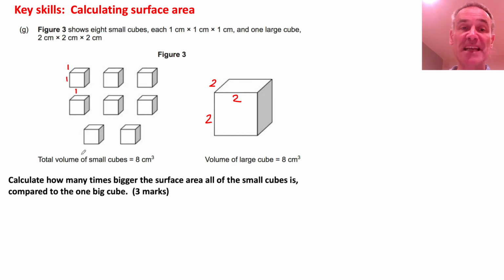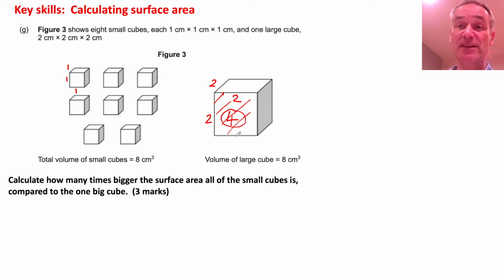But it asks you to calculate how many times bigger the surface area of all the small cubes is compared to the one big cube. So I'm going to start with the one big cube. The area of this face here will be 2 times 2, which is 4 centimetres squared. Because it's a regular cube, we've got 1, 2, 3, 4, 5, 6 identical faces.